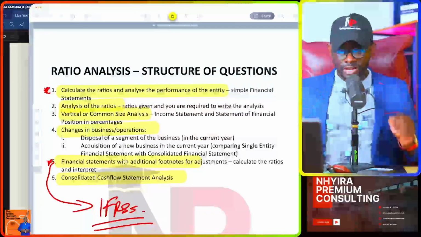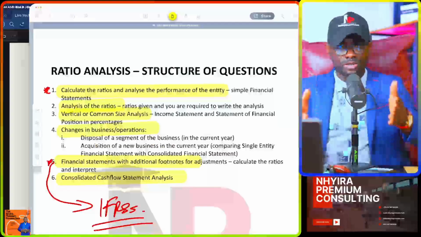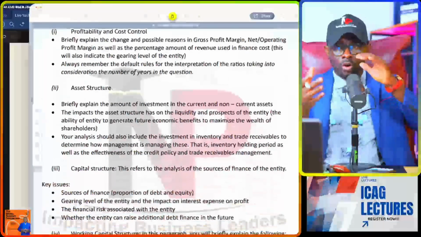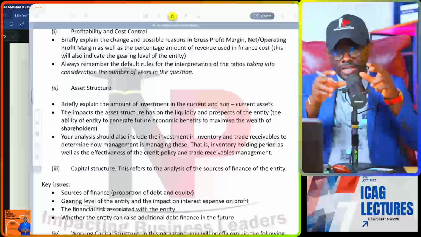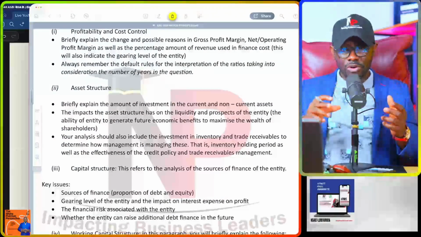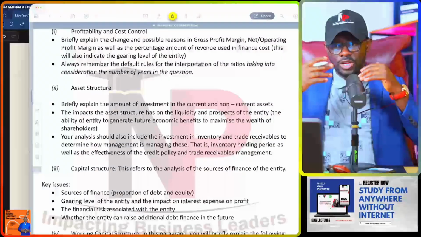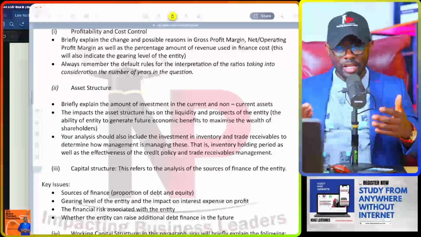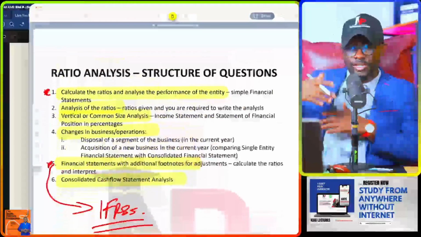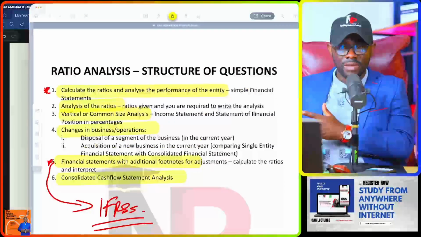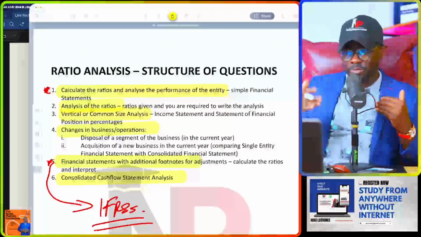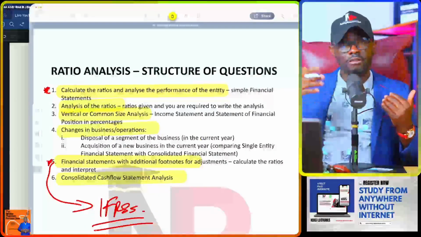For those of you who are learning under my mentorship, you have access to this document already, and the principle guidelines are available on what you are supposed to do under each of the styling of the questions, the adjustments required, and most importantly, the way you are going to be interpreting the ratios. So we're going to be coming back to some of these things during our executive revision masterclass, but you have this already to give you the blueprint in respect of how you can prepare yourself for the examination.